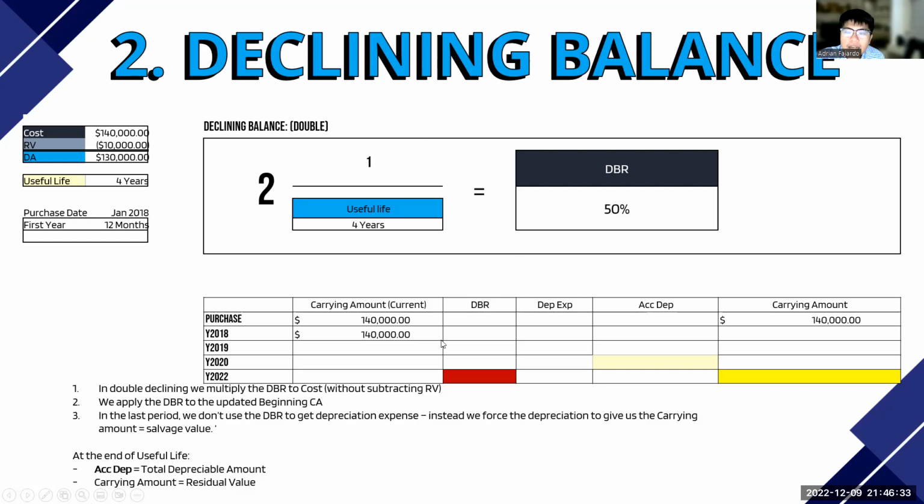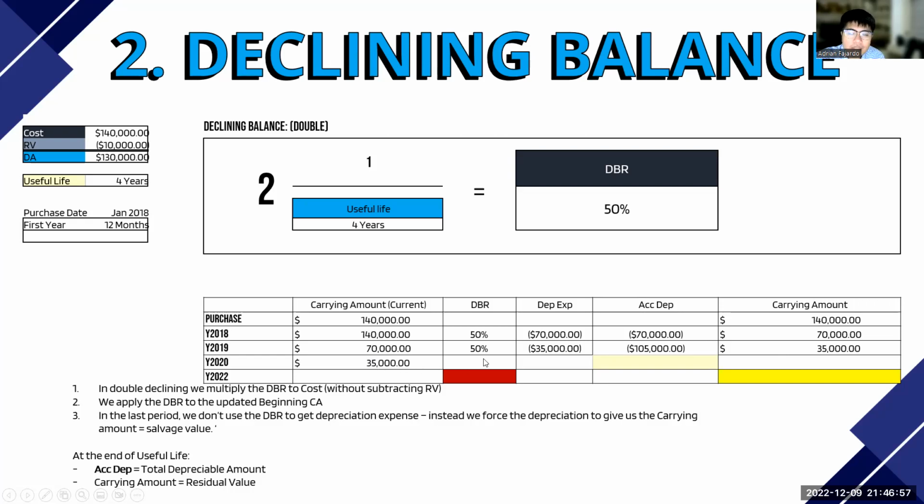So we start with the carrying amount of 140,000 times 50% DBR will give us a depreciation expense of 70,000. ACDEP will be 70,000. And it will give you your new carrying amount of 70,000. 70,000 times the DBR will give you a depreciation expense for the second year of 35,000. And then ultimately, give you a carrying amount of 35,000.